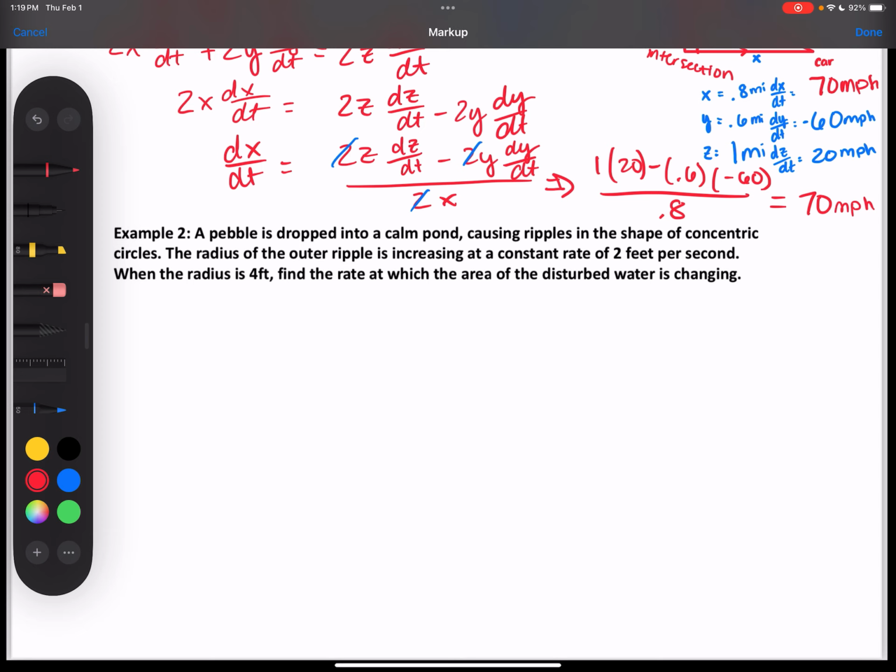All right, so this one, we have a pebble dropped into a calm pond. Not skipped, just dropped into the water. Has anyone ever done that before? You know what happens? A pebble, not a rock. Same thing. You ever dropped a little pebble into the water?